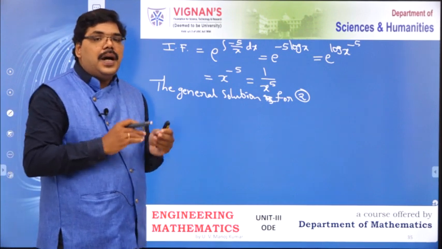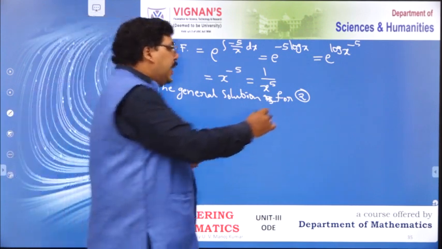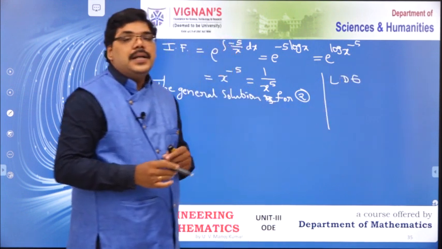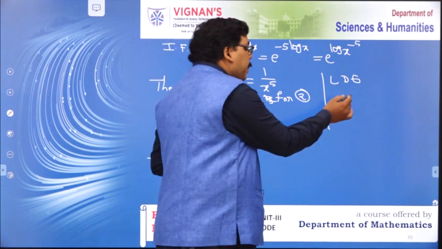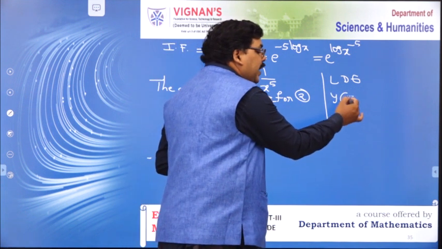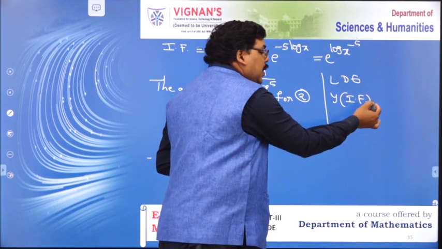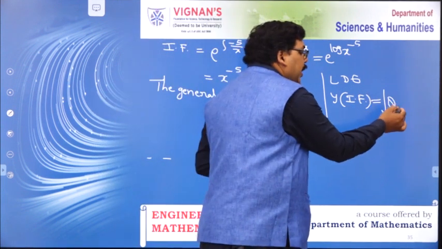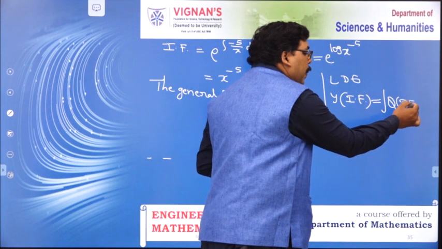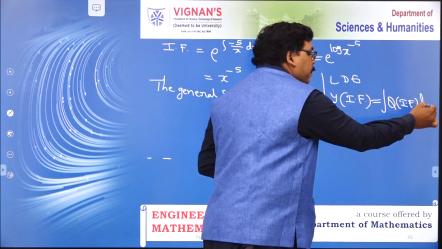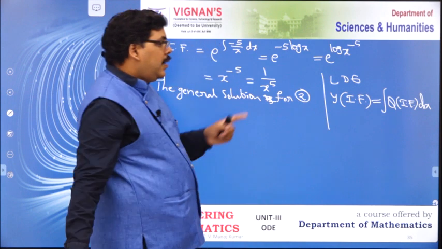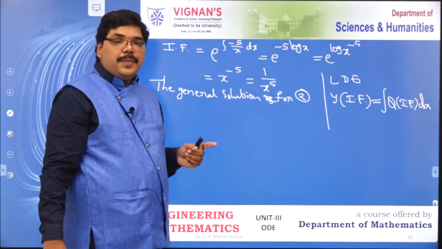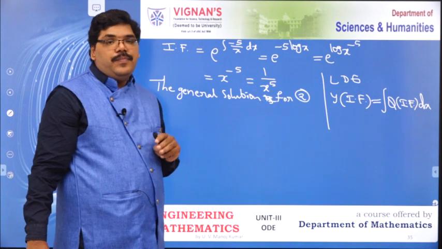If you recall, for a linear differential equation, the general solution is y into integrating factor equals integral q into integrating factor dx. But here the dependent variable is converted from y to z.